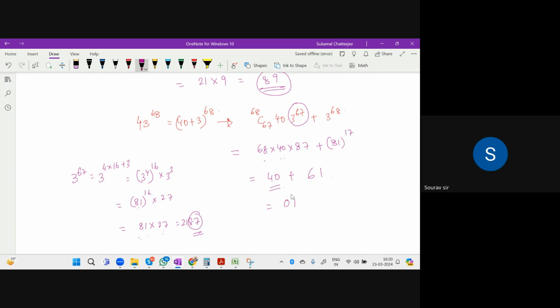Just calculate the last two digits of the last two terms and add them up, and you get the answer for your last two digits. Is it clear? Yes, sir.